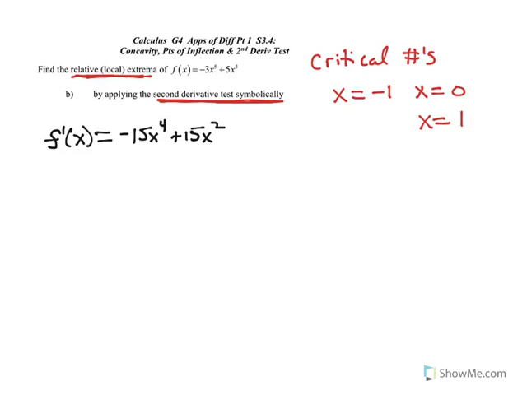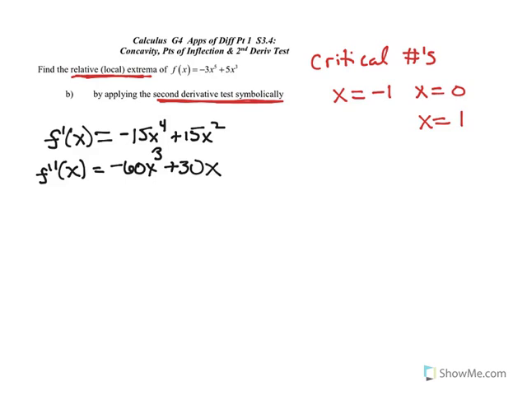So let's find f double prime. So f double prime, looks like our 4 is going to come down, and that's going to get us a -60 x to the third, and then bring the power of 2 down, so that's going to be a +30. Drop it down a power to the x.